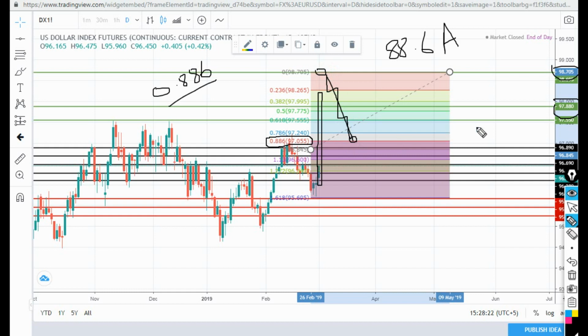So the number is 97.05, and 97.05 is basically a Gann calculator number.